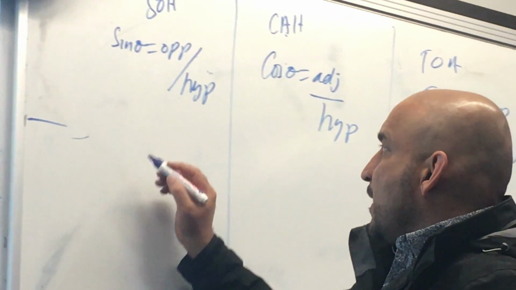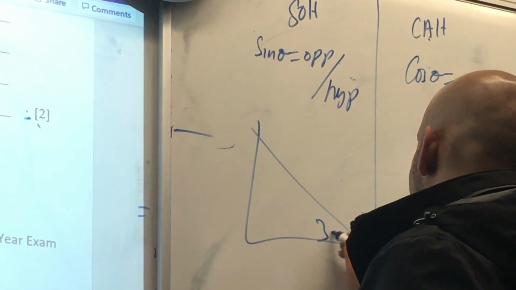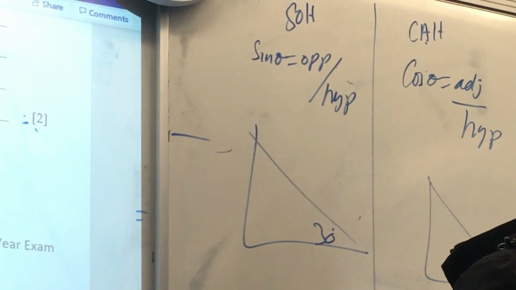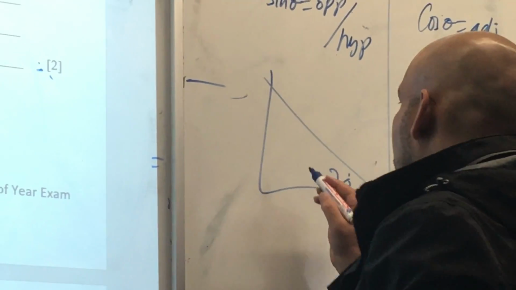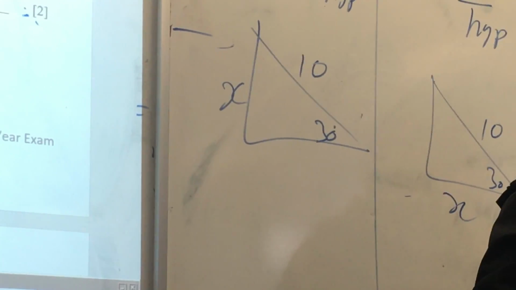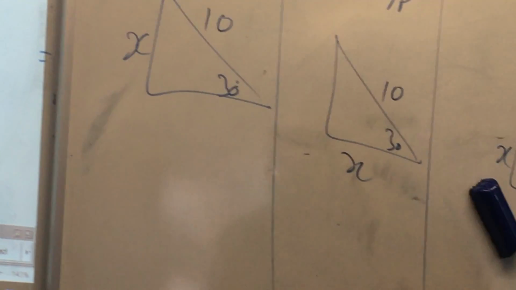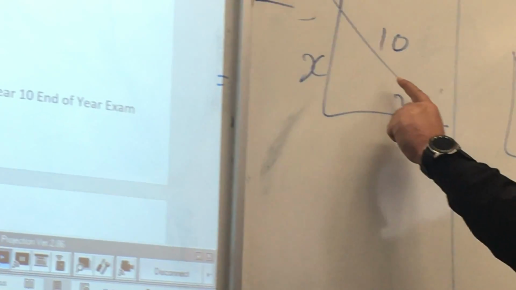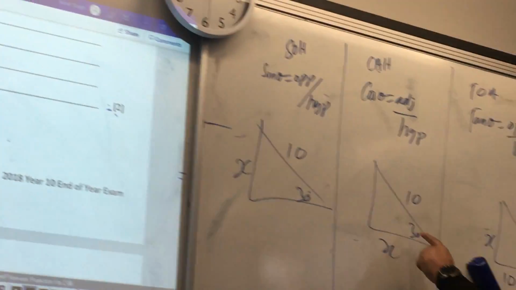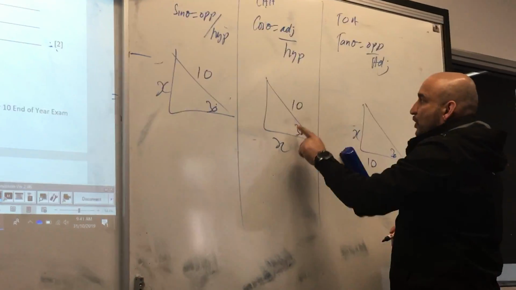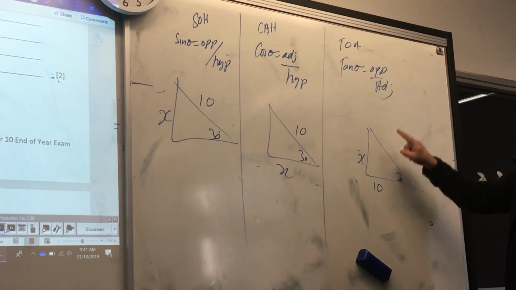So if I give you a 30 degree angle here, here, and there, this is x and 10, x and 10, x and 10. So sine 30 is equal to x over 10. Here, cos 30 is equal to x over 10. And tan 30 is equal to x over 10.